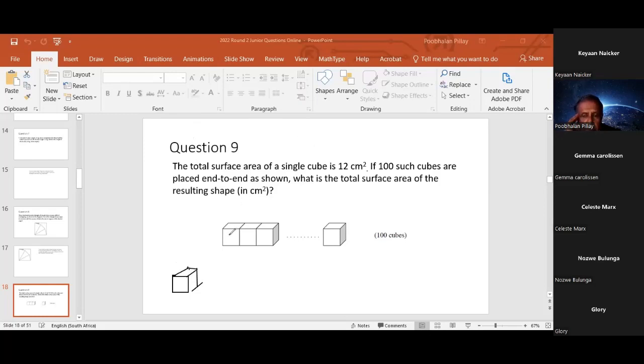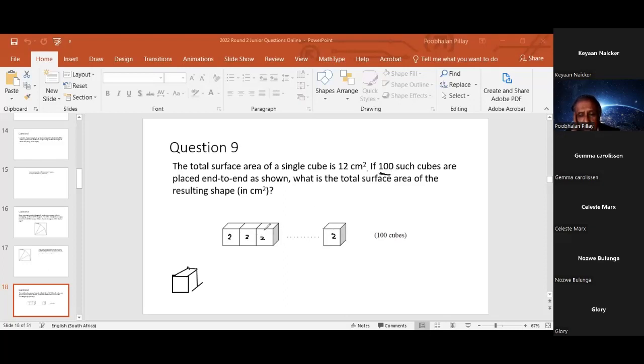So what we're looking at here, this face here is 2, that face there is 2, and so on. And now they are put next to each other from end to end like this, right? And the question is, what is the total surface area of this thing? The whole thing is attached now. 100 cubes are placed next to each other.